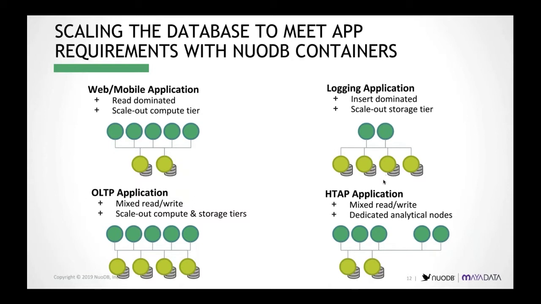You'll notice in each one of these examples, there's a different number of transaction engines and storage managers to meet the requirements of that particular type of application, be it a web mobile app or an online transaction processing like a banking application, or maybe some logging type apps, or even some HTAP, which is a hybrid transactional analytical processing type app, where you see a mix of read and writes with some dedicated analytical processing happening as well.